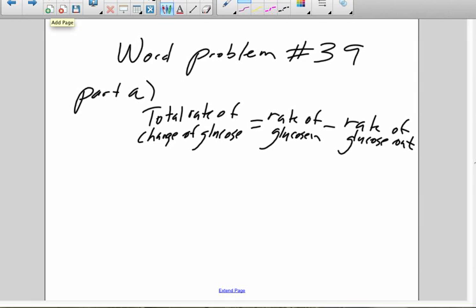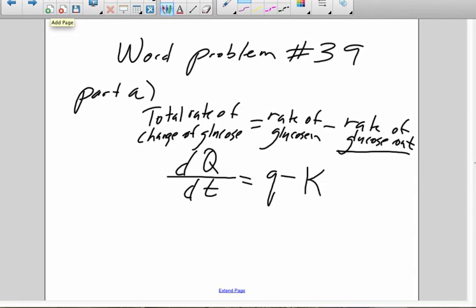All right, so what we know then is this is going to be dq dt, and we're going to change these things here in just a bit. So the rate of glucose in is little q minus, and this is where it's proportional to the amount that's in there. So it's going to be k times q.